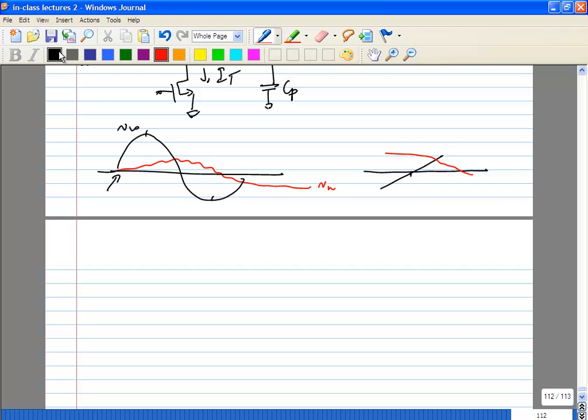What's going to happen is the zero crossing is going to change by some delta t, right? Is that clear? What is delta t? Let's say the noise has some profile Vn of t over S, where S is the slope of the input waveform.